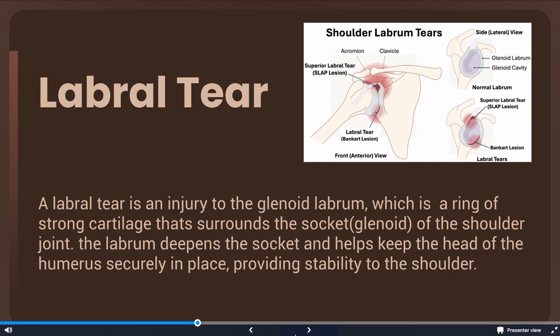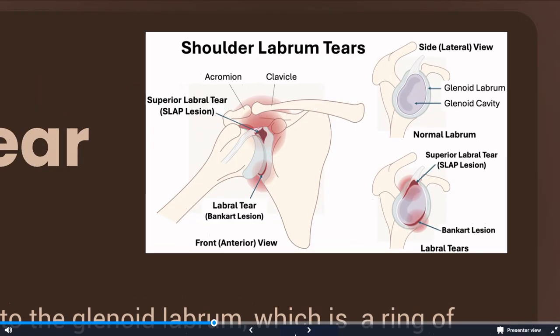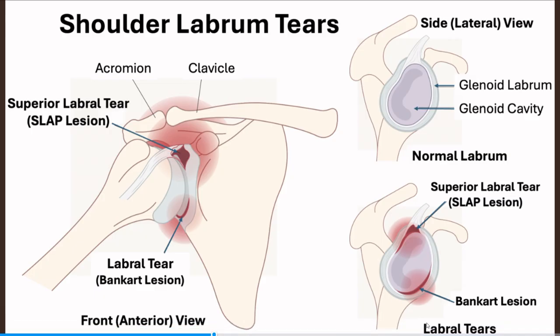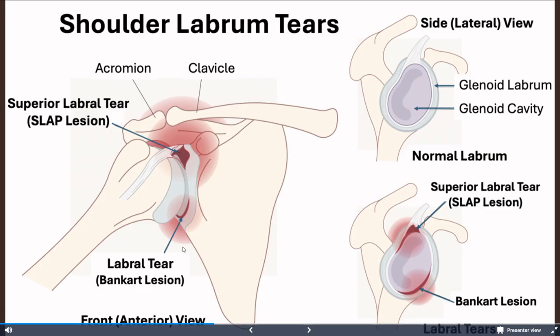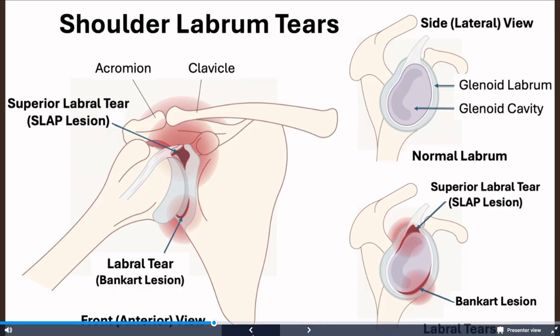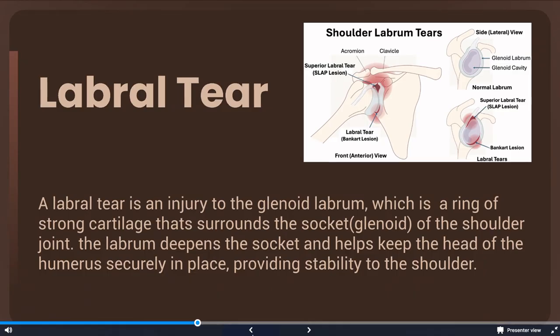As you can see in this picture, superior labral tear, that is the SLAP lesion, and Bankart lesion over here. Is it fine? This is the labral tear. This is the Bankart lesion. This is the SLAP lesion. Is it fine? So I've explained how it happens.